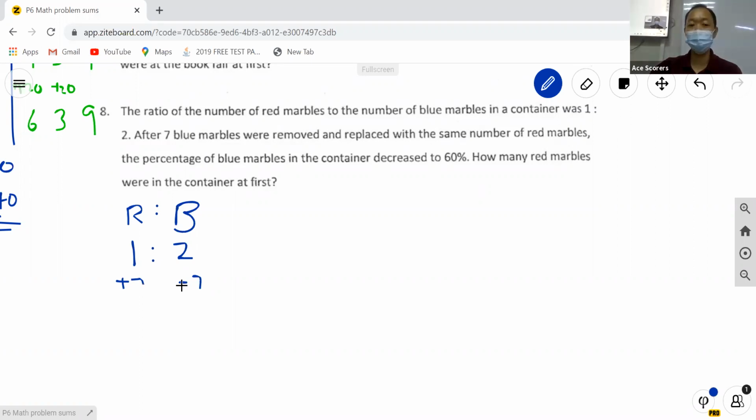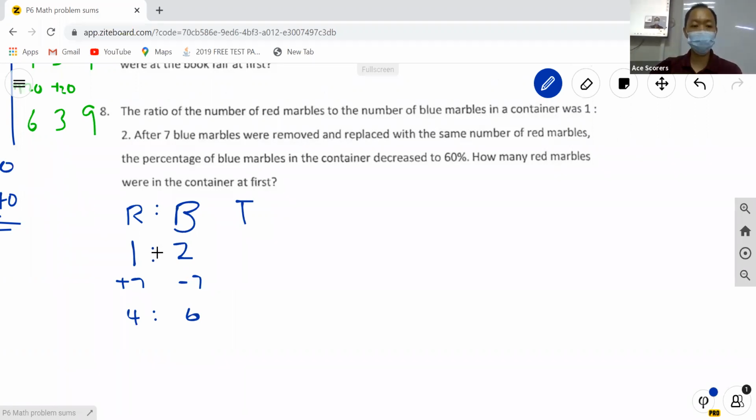So you see a clue: plus and minus, the total is the same. Okay? Plus 7, minus 7. So the percentage of blue decreased to 60%. So this became 6 units and this became 4. Because 60% is 40%.